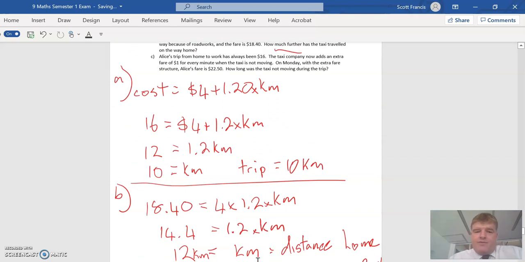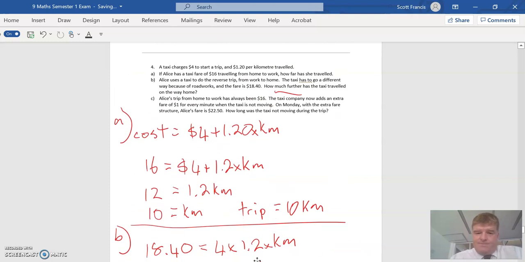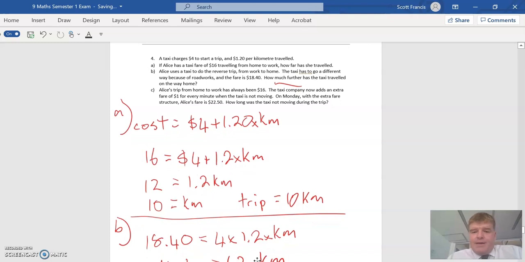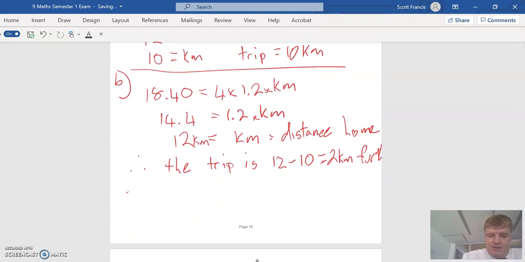And now, Alice's trip from home to work has always been $16. Always $16. Now it adds an extra fare of $1 for every minute when the taxi is not moving, and the fare is $22.50. So for this one, we can say what's $22.50 minus the normal fare of $16.